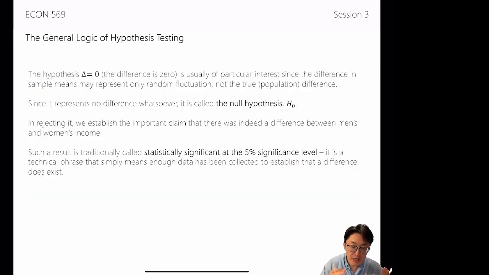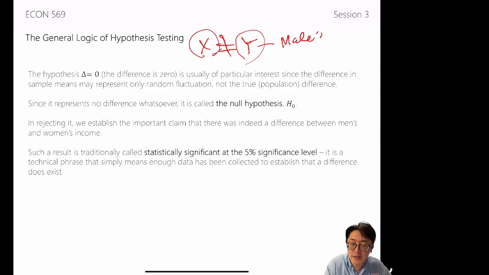So what is the general logic? For example, you believe you see some difference between X and Y, and you'd like to prove X is different from Y. For example, say X is male income and Y is female income.